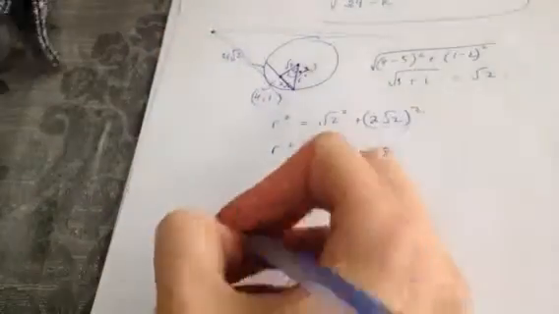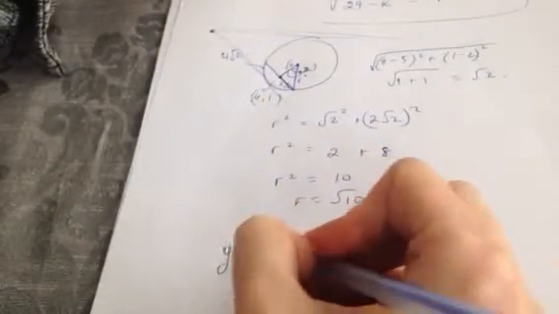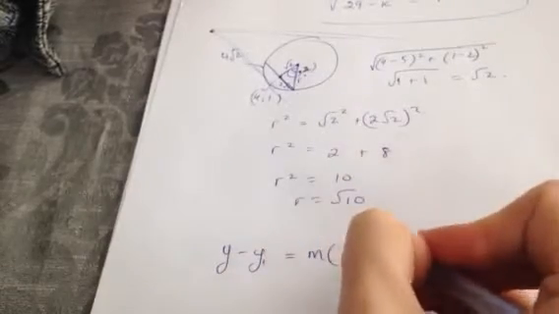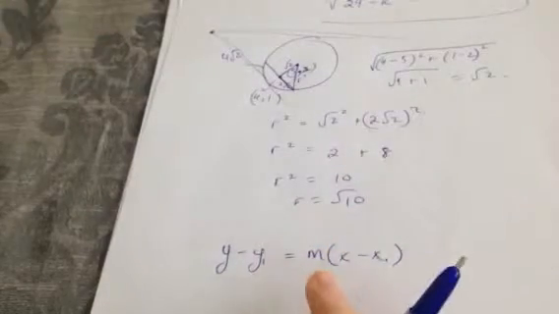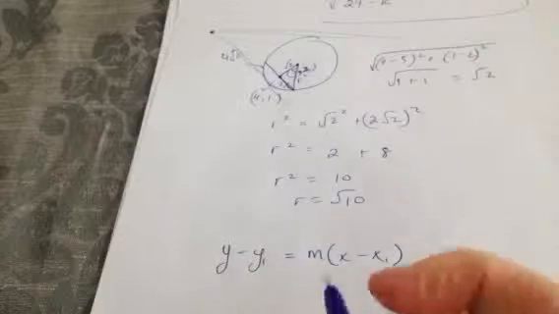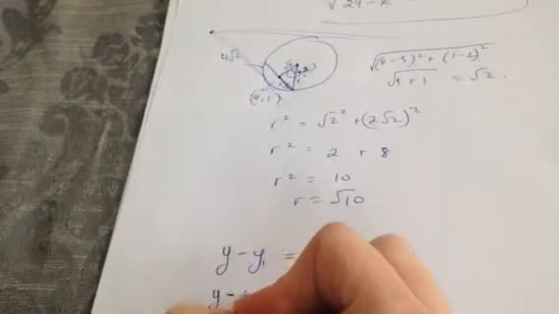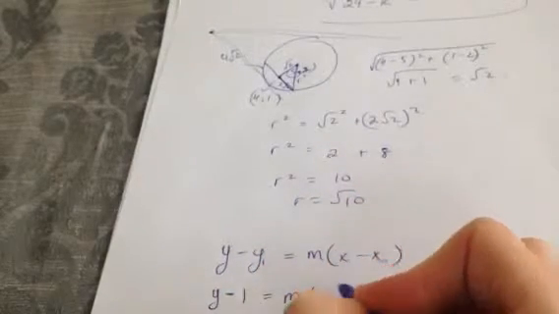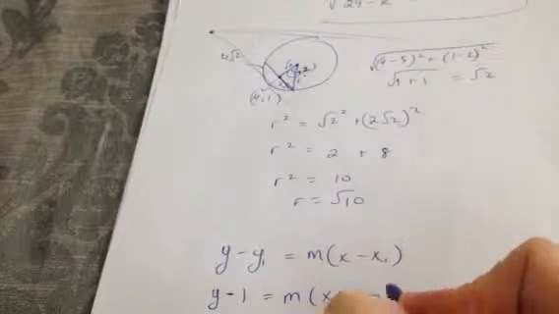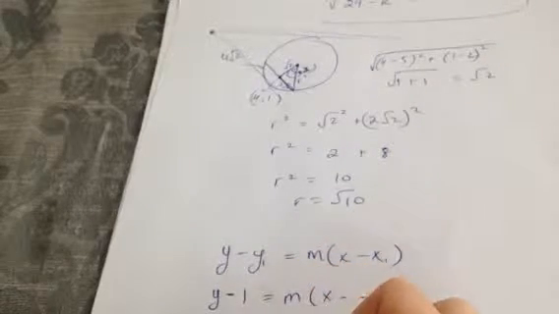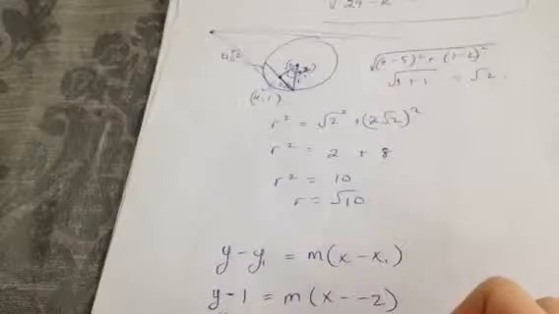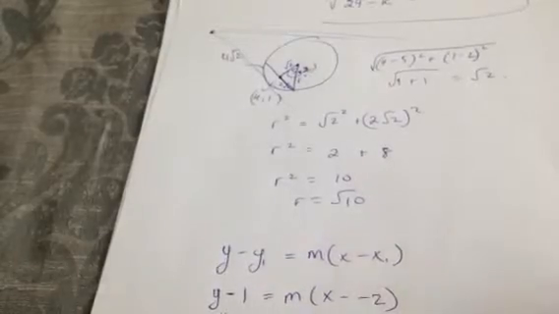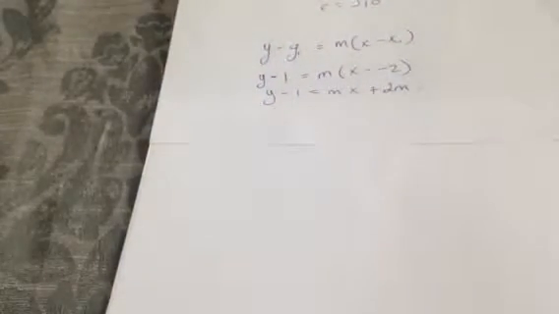So I know that y minus y1 is equal to m bracket x minus x1, and I can fill in at least some of that, in that they told me the point minus 2, 1 is on it. So y minus 1 is equal to mx plus 2m. Now, I know that I have one thing missing there, so that's not too bad.